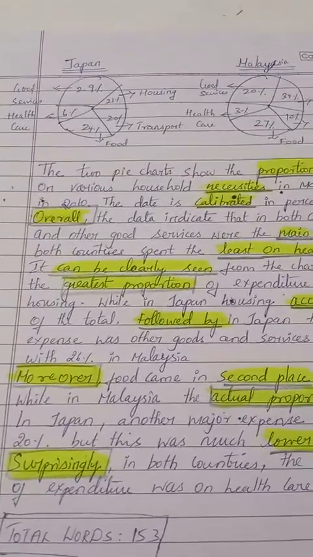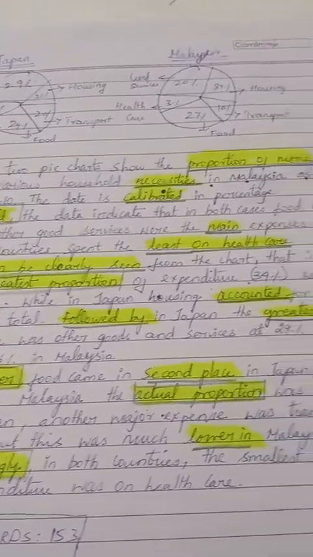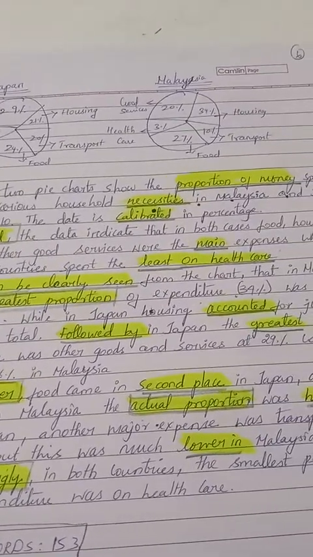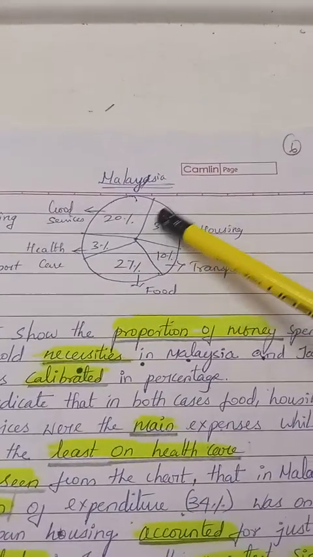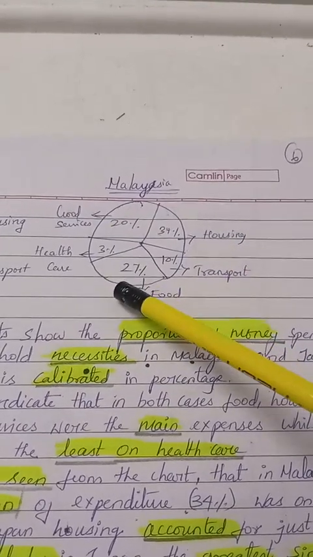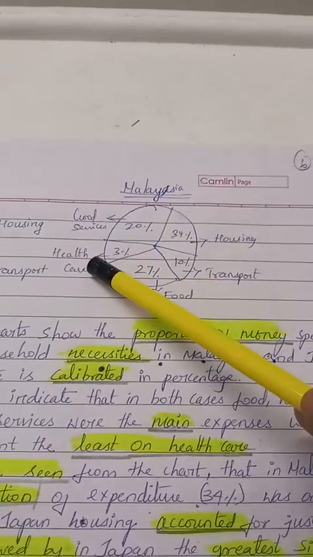Coming to the paragraphs, I am starting with the words 'it can be clearly seen from the chart that in Malaysia the greatest proportion of expenditure is 34%.' You can see here 34% for housing. The second place is for food, 27, followed by goods and services 20, then transport 10% and healthcare 3%.